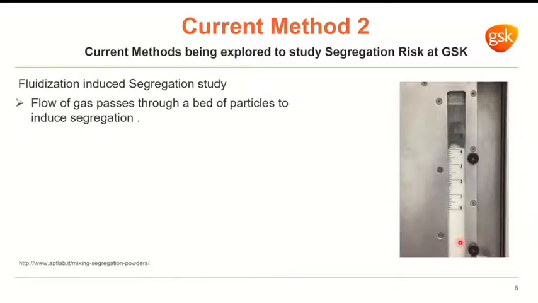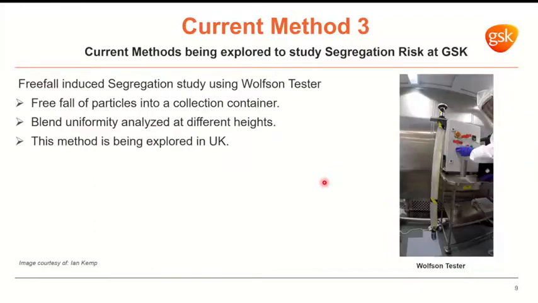Some particles will move towards the top, some of them will settle to the bottom, and that is going to result in segregation of the blend, and that can be used to assess the segregation risk of a pharmaceutical blend. So this is another method.